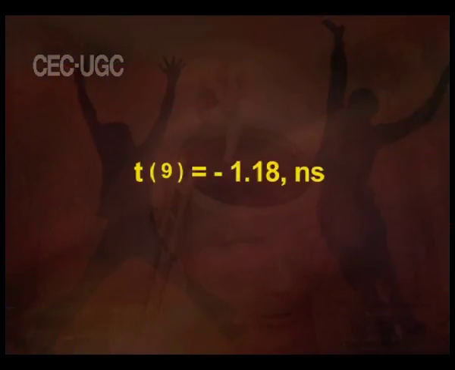T in brackets 9, which represents 9 degrees of freedom, is equal to 1.18, which is the t value, comma ns, which represents non-significant. This implies that there is no significant difference in the performance of the group on the mathematical test under stress and non-stress conditions.